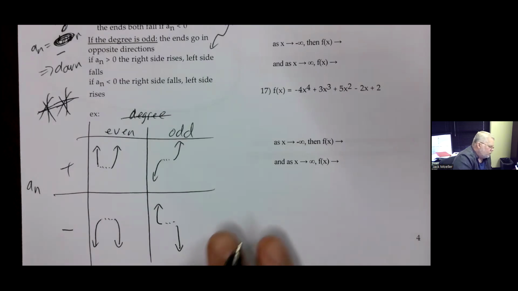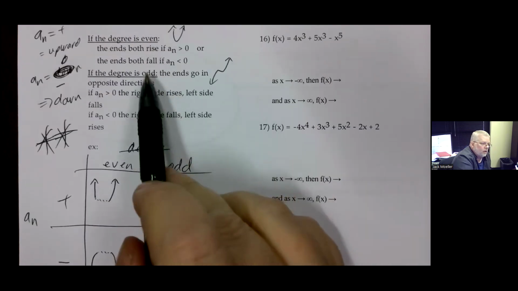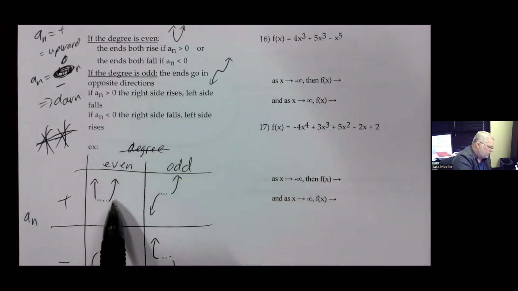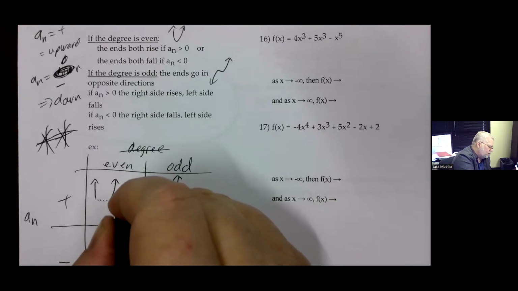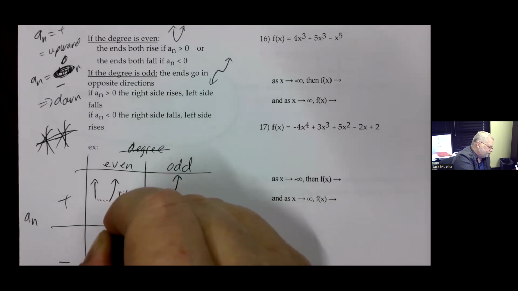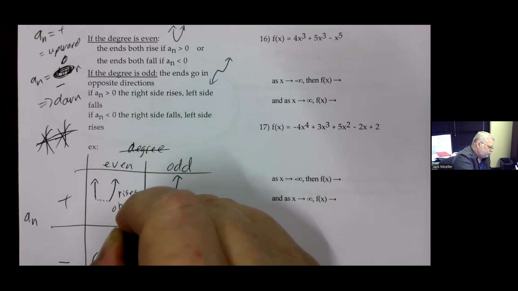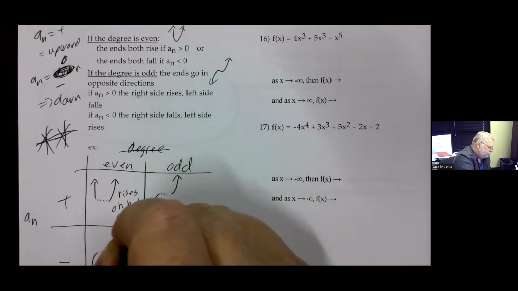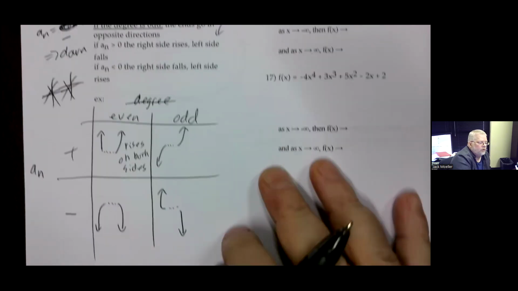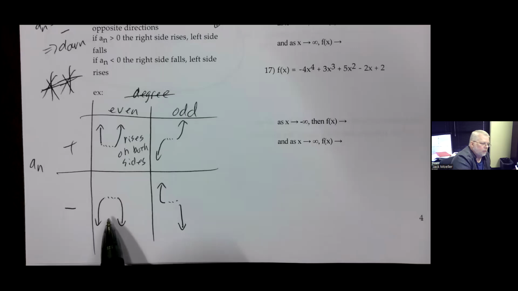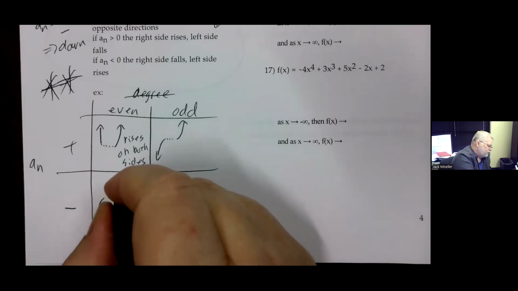One of the ways we can do it, if you notice up here, it talks about rising and falling. So on here, what would you say is happening on the ends? Well, both sides are going up, so we would say it rises on both sides. If we're using the rise and fall language, what would you say about a downward parabola? Well, it falls on both sides.